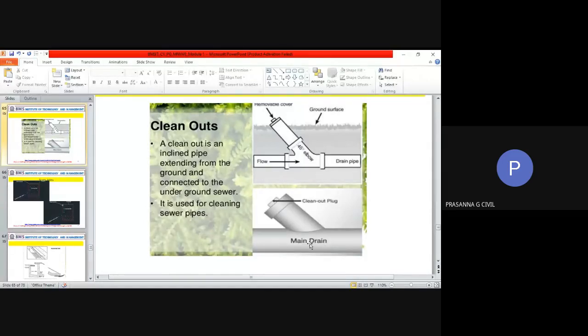Then you have other types of what we can call appurtenances, which are called catch basins, or they call them by the term inlets, street inlets. Understood? So inlet, I will go to the figure.